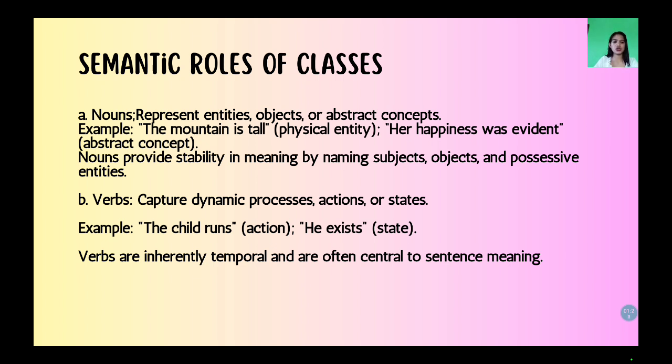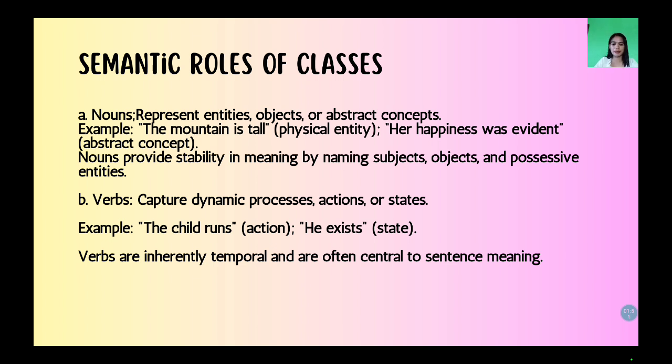Her happiness was evident is an abstract concept. Nouns provide stability in meaning by naming objects, subjects, and possessive entities.